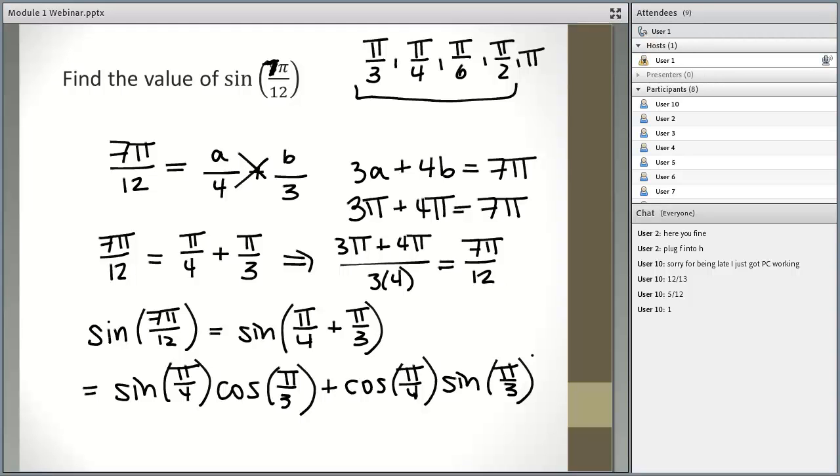And again, these are special values from the unit circle that we know exact values for. How we know them is they come from the right triangle. And again, I will post a video on the unit circle that I created that will help with these if you haven't thought about them in a while or haven't seen them. So the sine of pi over 4 is the square root of 2 over 2.